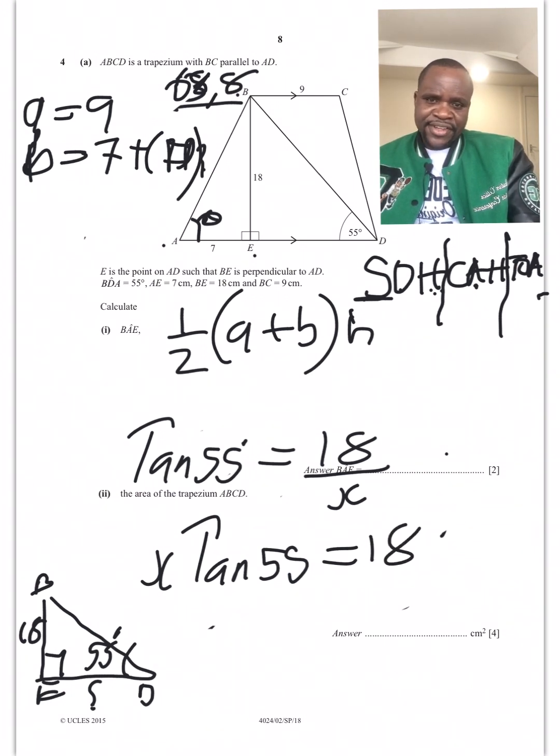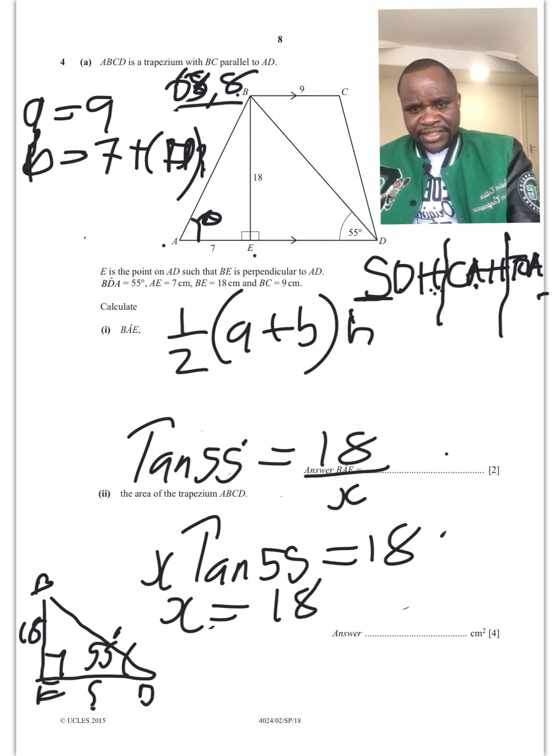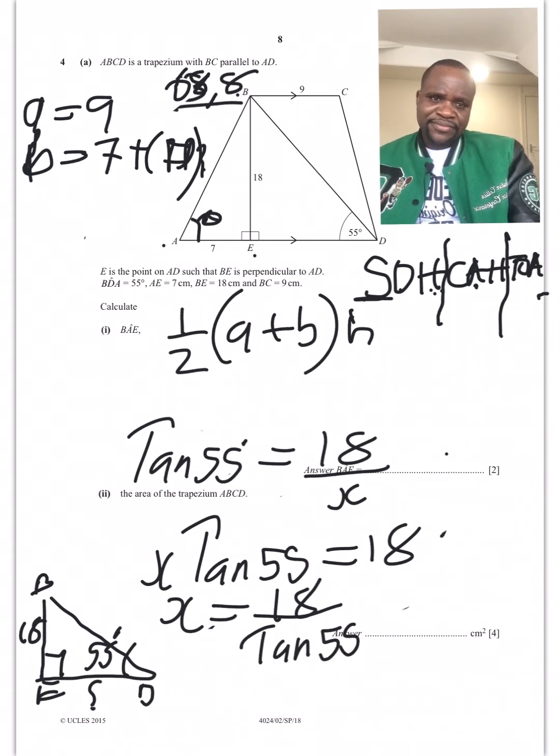You just multiply both sides by x. So we have x here, and now we want to be left with x. So x will be equal to 18 over tan 55.